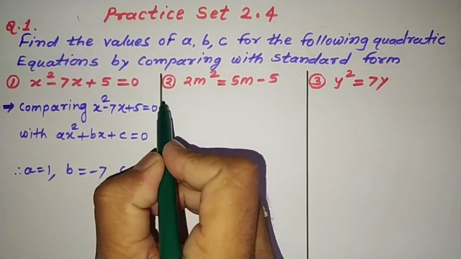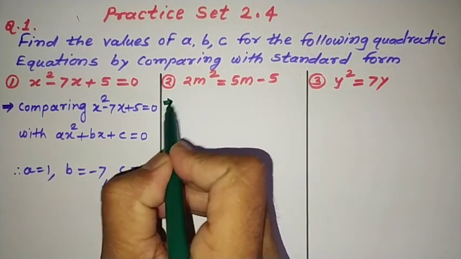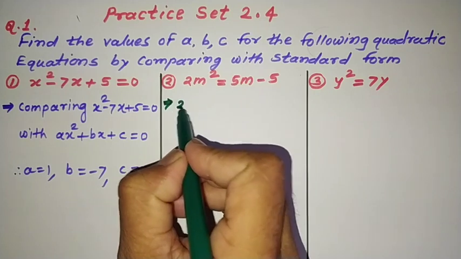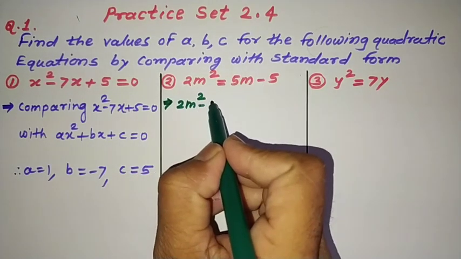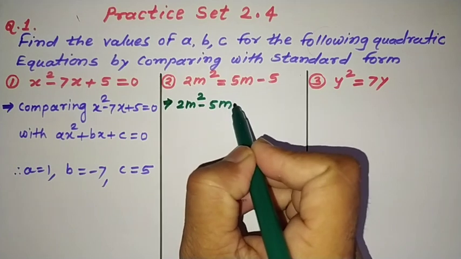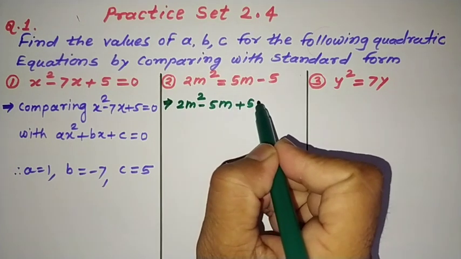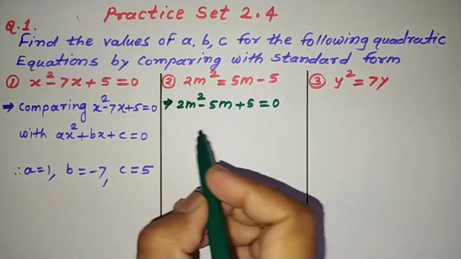Example second, write down in the standard form. 2m square, this term goes to the left hand side: 2m square minus 5m plus 5 is equal to 0.